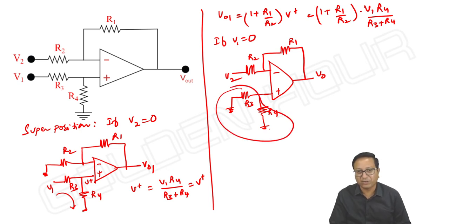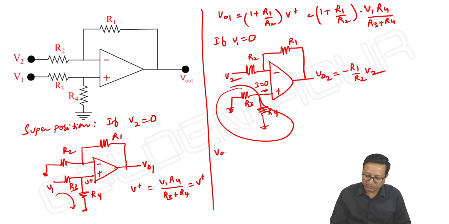They do not play any role here. Some R equivalent I can write, through which no current is possible. Here this current is 0. As the current going here is 0, means no current is possible through R3 and R4. I can discard them. So the corresponding output is minus R1 by R2 into V2.